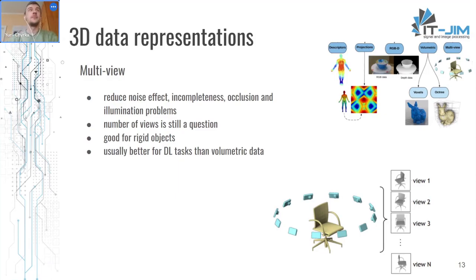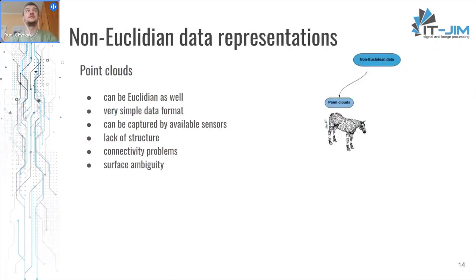And a few words about non-Euclidean data. Point clouds, that's a very basic data format. It's unstructured. It can be captured by available sensors, and on the other hand, it has a lack of structure. There is no information about that, just a list of points.